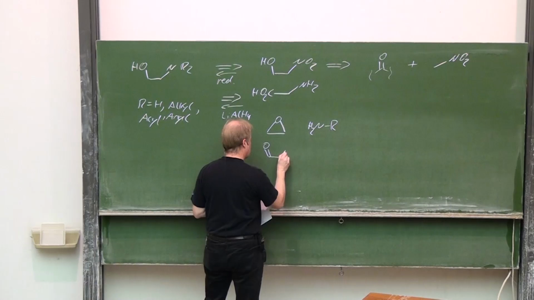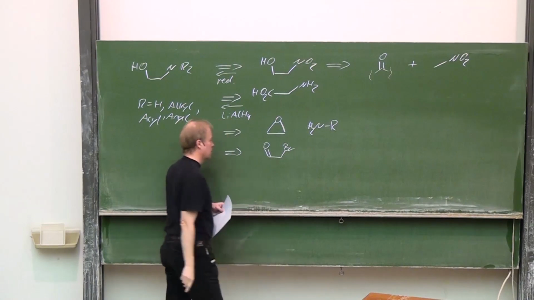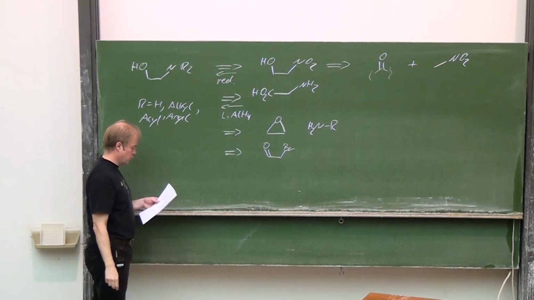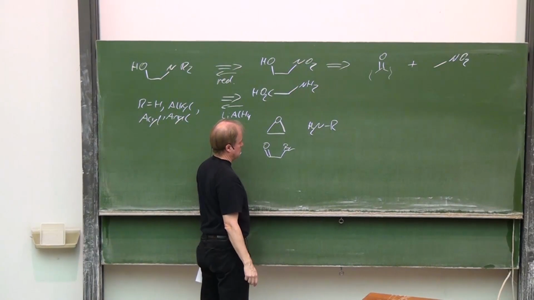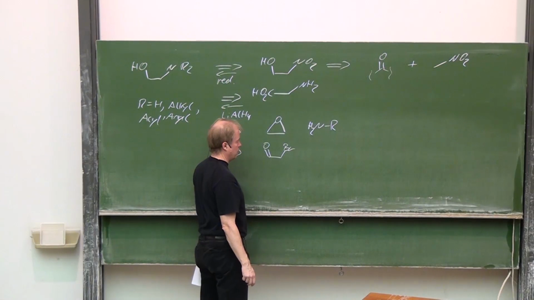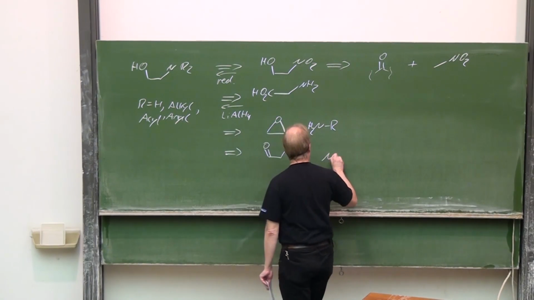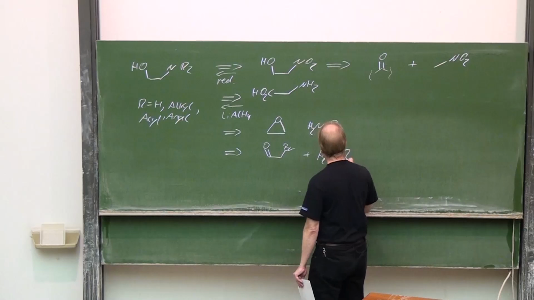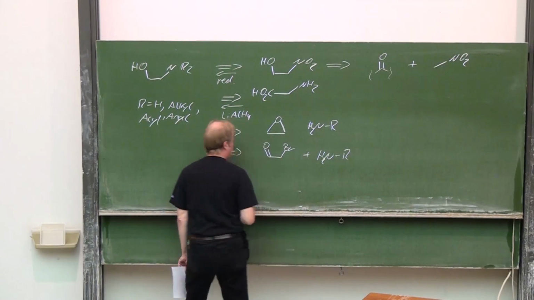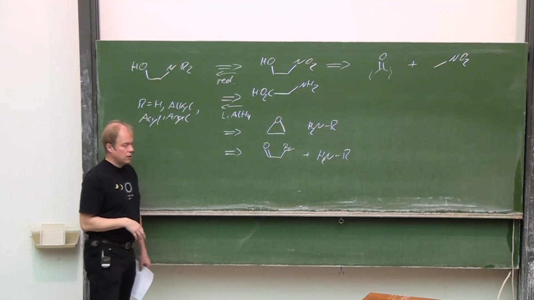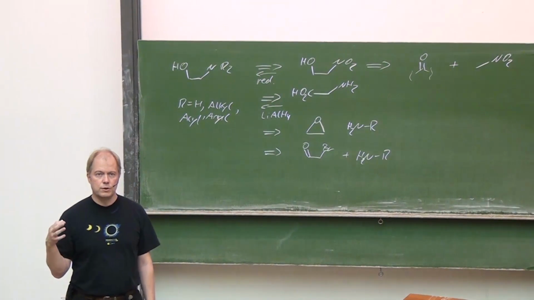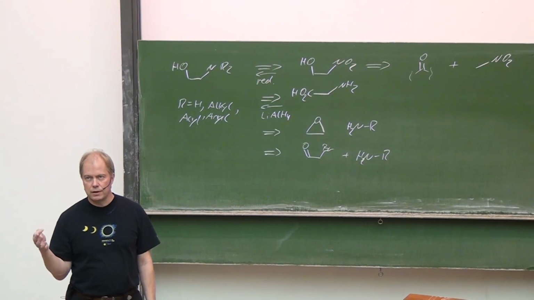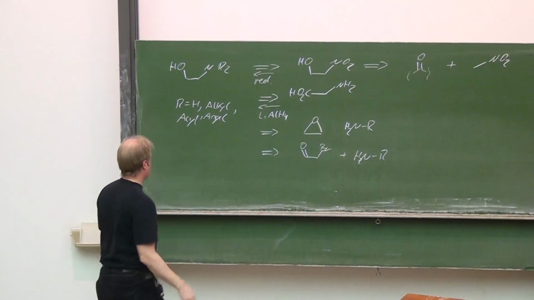And an alpha bromo carbonyl compound, also treated with an amine, will give an alpha amino ketone or alpha amino aldehyde, which then subsequently might be reduced to the alcohol.